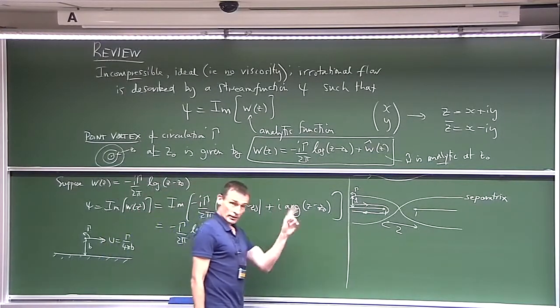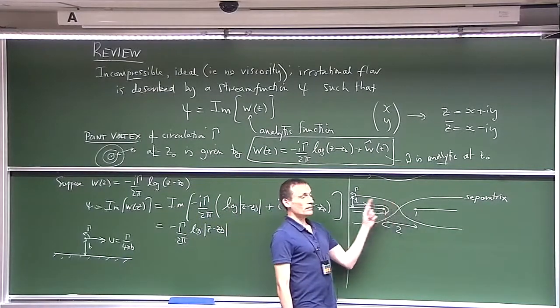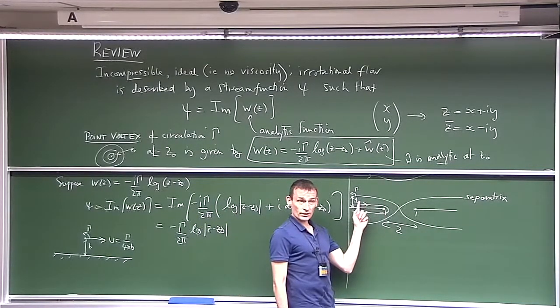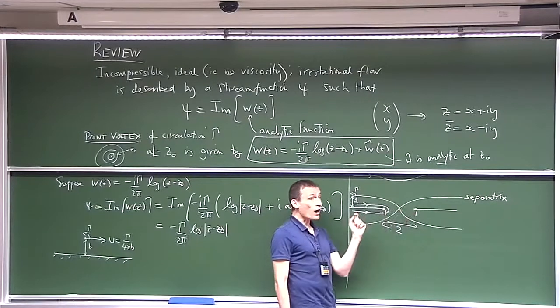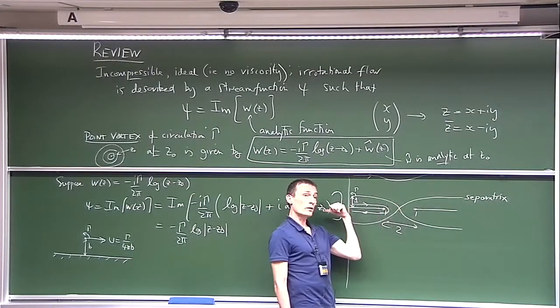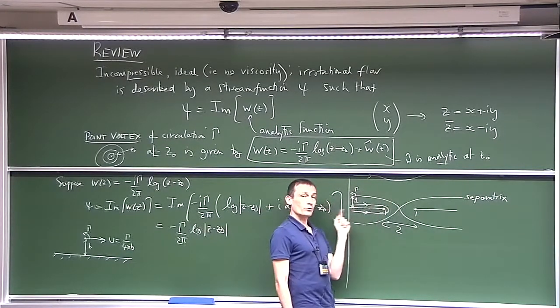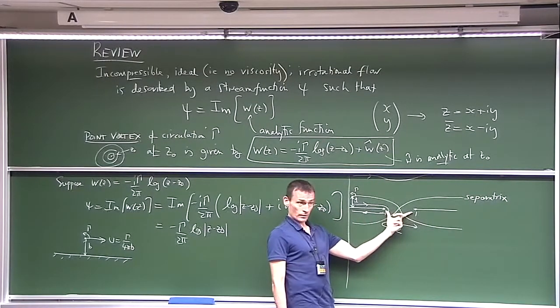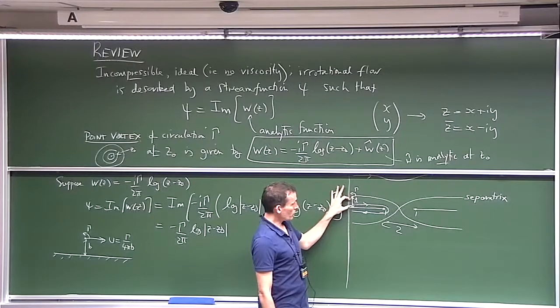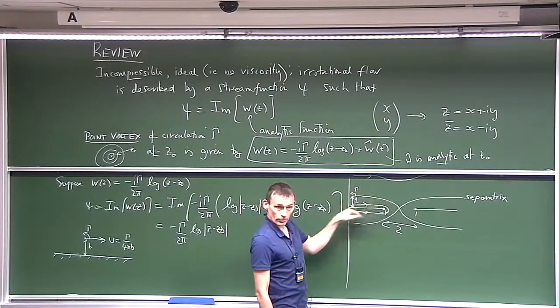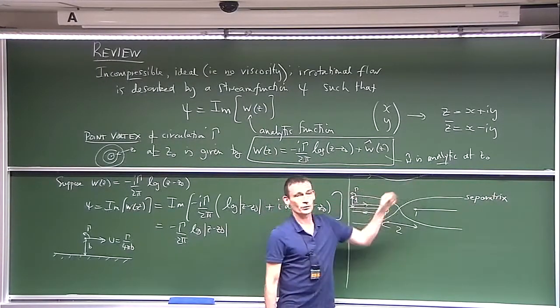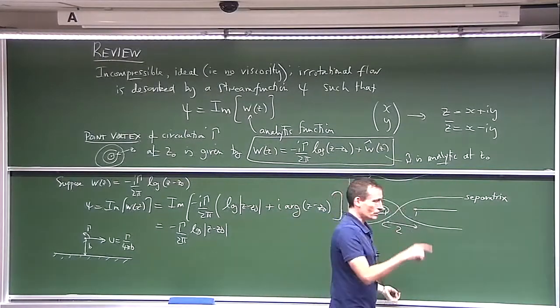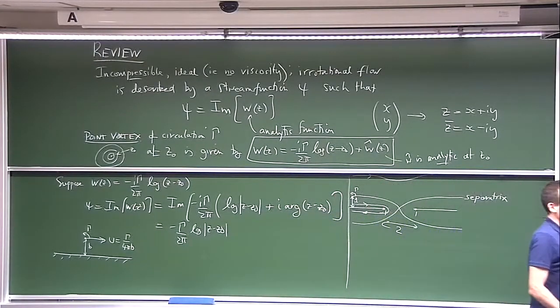So the message, a very interesting result, is that if your vortex starts less than half the gap width away from the wall, it will go through the gap. You see, half the gap width is 1. If it starts off closer than 1 from the wall, it will go through. Otherwise, it just skips over. Okay.